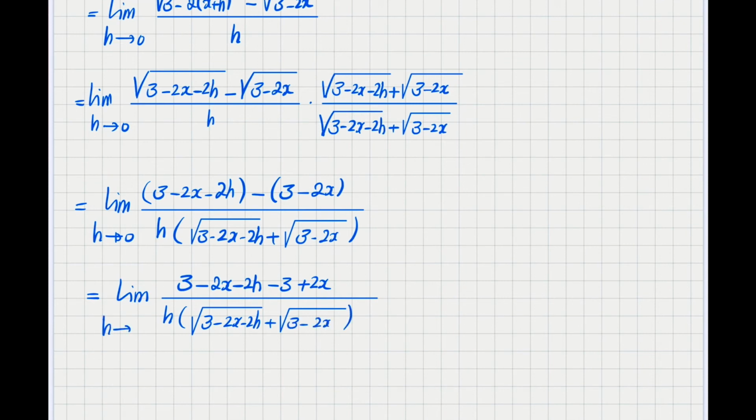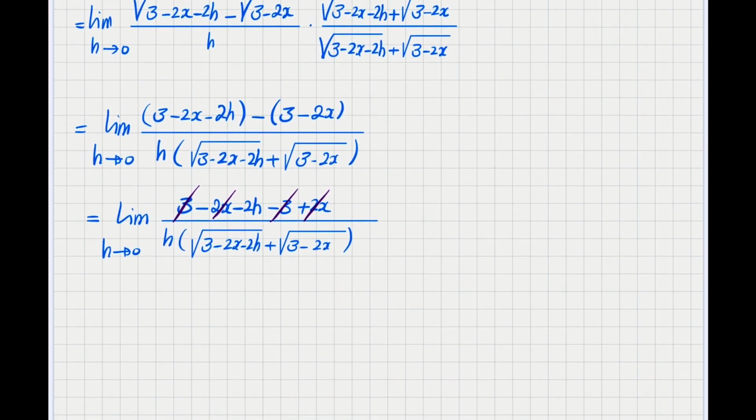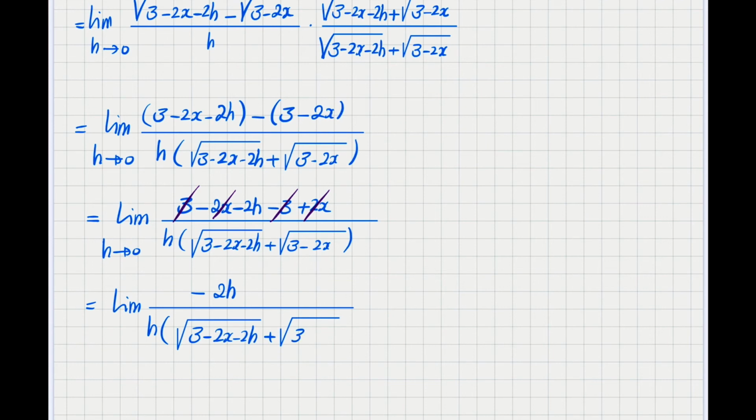But now you can see that this negative 3 and this positive 3 are gone, this positive 2x and this negative 2x are also gone. So what is left for me is just the limit of minus 2h, and in the denominator what I have is h multiplied by the square root of 3 minus 2x minus 2h plus the square root of 3 minus 2x, and h goes to 0.